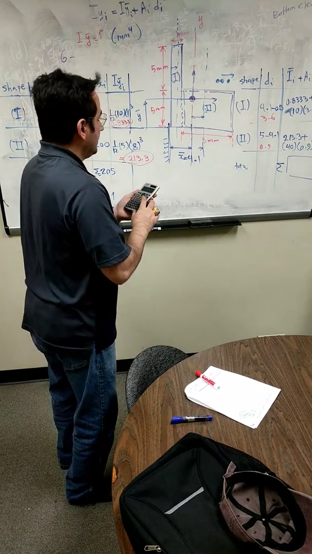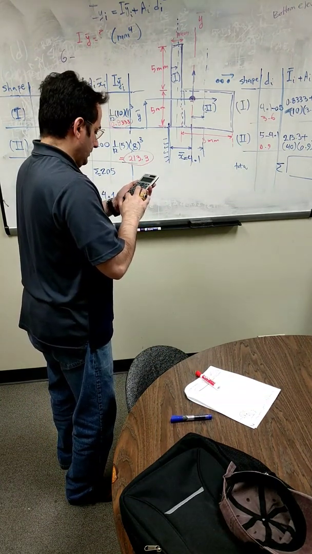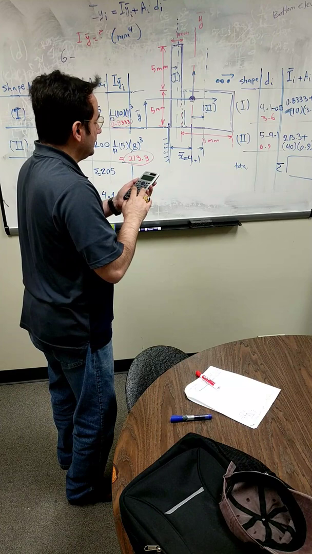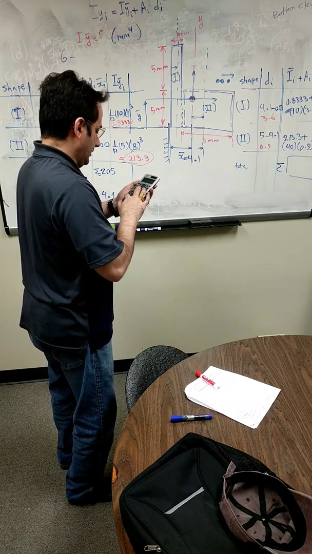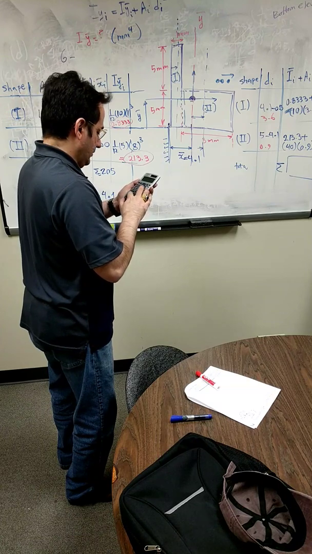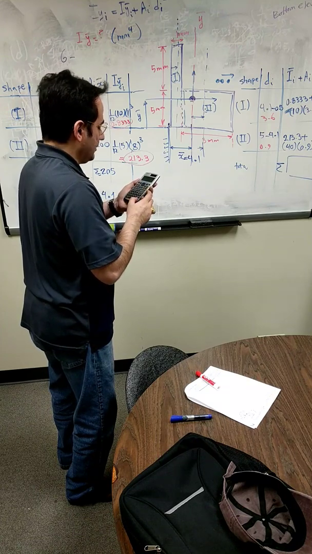So you get 0.8333 plus 10 times 3.6 squared.